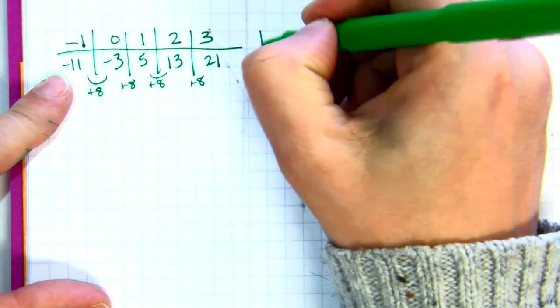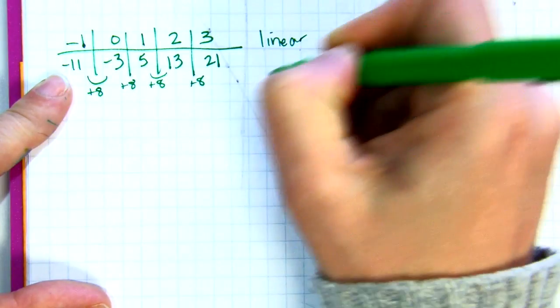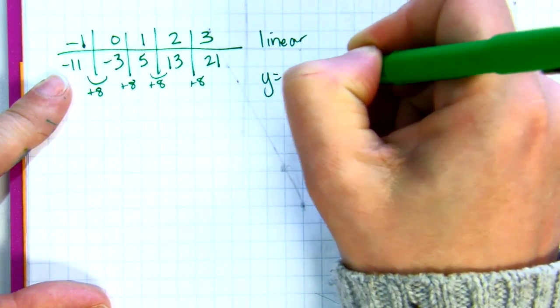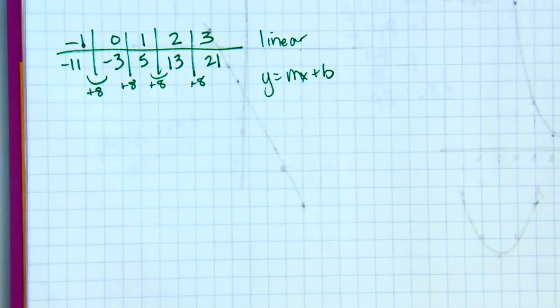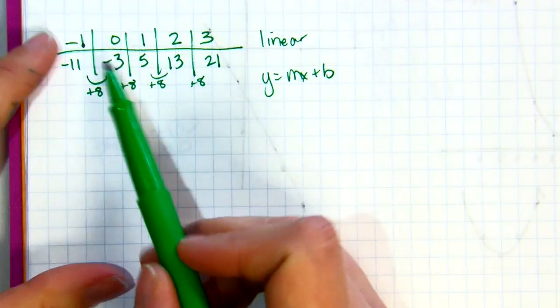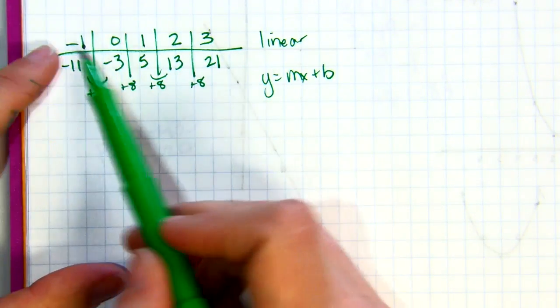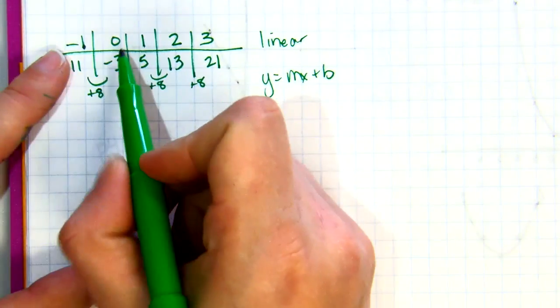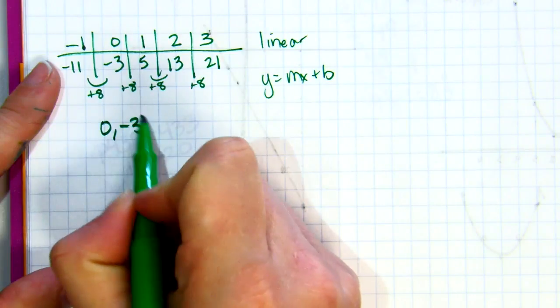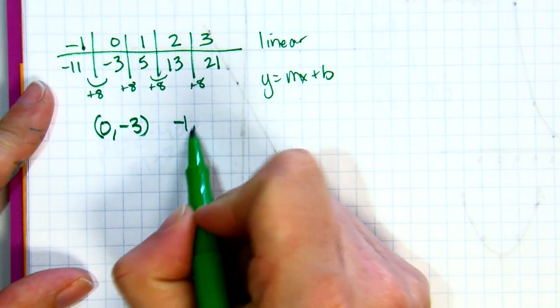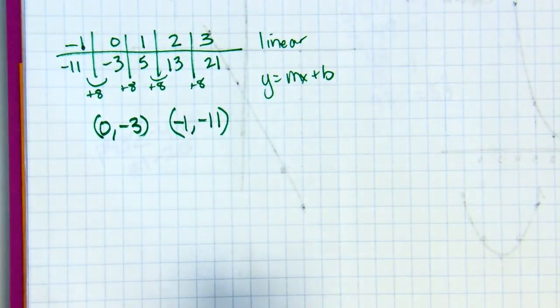So I can see pretty quickly this is linear, which means I'm using y equals mx plus b as my basic function. From here, you guys know how to come up with functions. I can find the slope by subtracting. So like I would do, I have a point (0, -3), and I have the point (-1, -11).